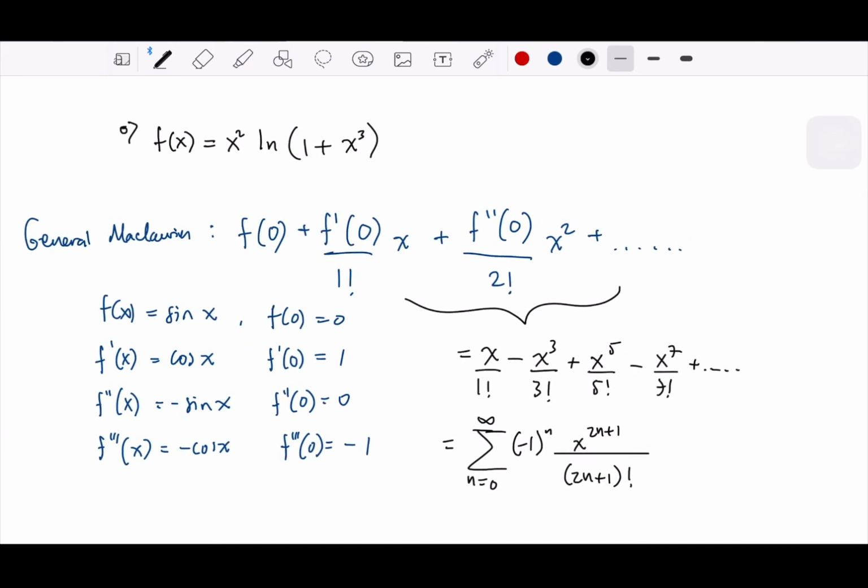And if you know sine, then you will get cosine easily from here, and you just derive this.